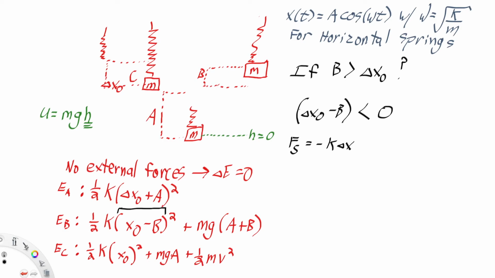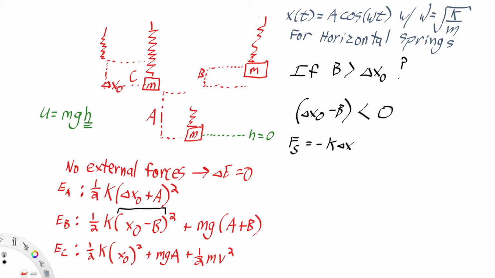Josue, any idea? Yeah. So we've got Hooke's law, which is force exerted by a spring is equal to negative k delta x. Are we allowed to have both positive and negative numbers for delta x?